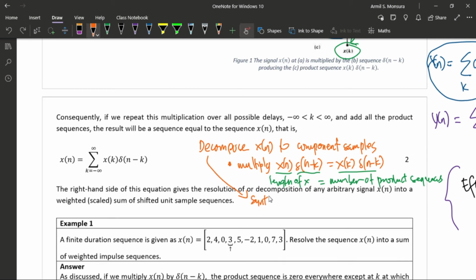So, given that we are able to break down your x of n to component samples, how do we now actually form the original sequence? Paano tayo babalik dun sa x of n? So that process is what we call synthesis. So how do we synthesize x of n from the component samples?